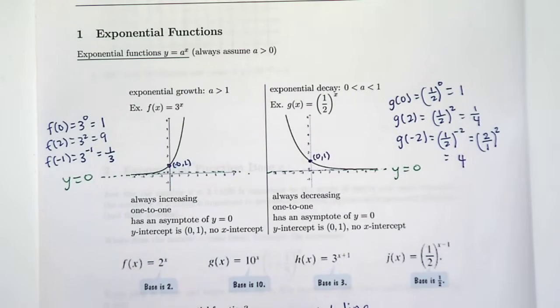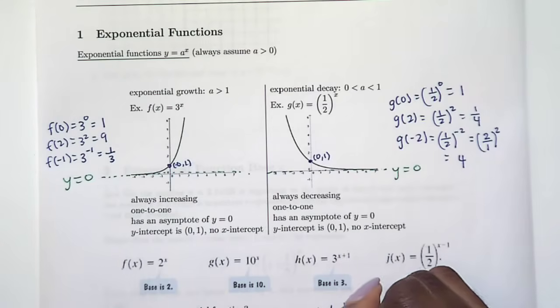F of 1 is 1. F of 2 is 1. F of 3 is 1. So no matter what happens, we get 1.